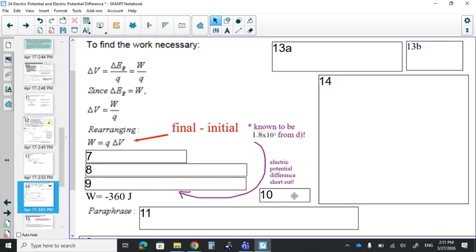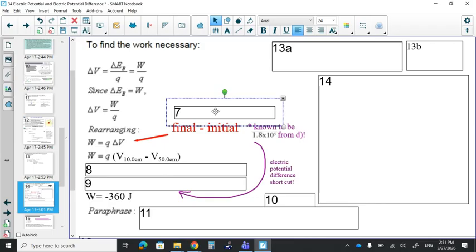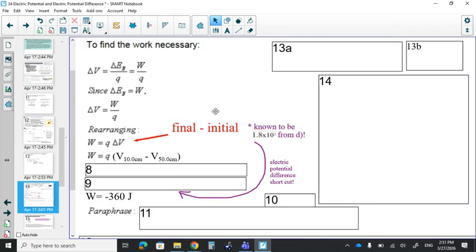You get your 360. So you'd have your 1.8 times 10 to the 5 times your Q value, because this number here is the one that's known. Just circle in purple here. This is the one that's known to be the 1.8 times 10 to the 5, right? So you can just put that in, multiply it by the 2 point whatever number this one is, and you'd get your value.